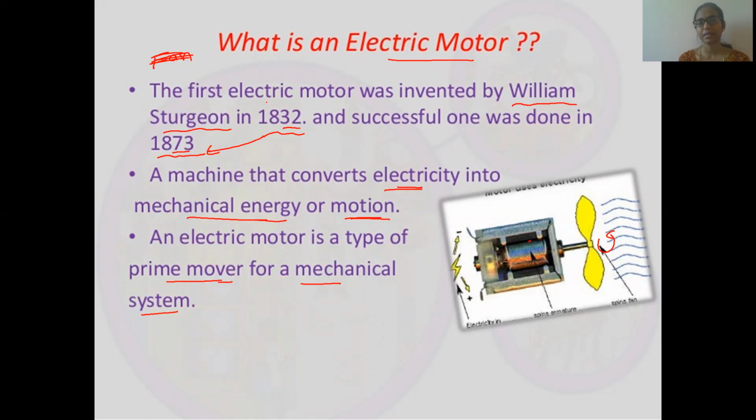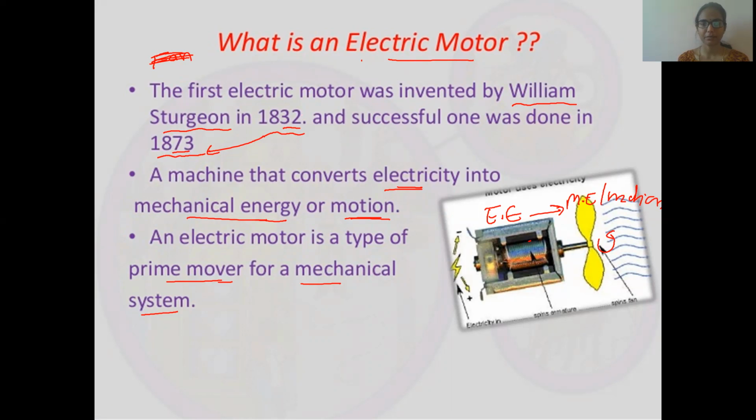Leave all this, and try to understand first what an electric motor is. It is an electrical device which will convert electrical energy into mechanical energy or motion. That is done by the electric motor.